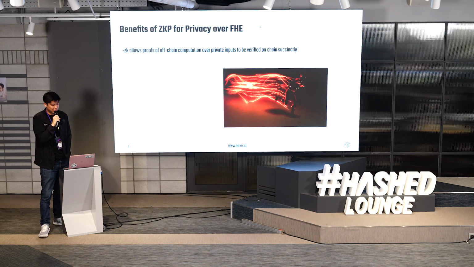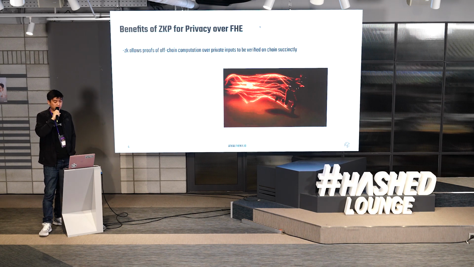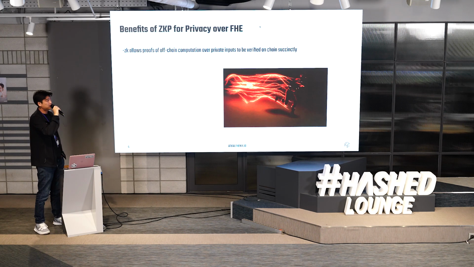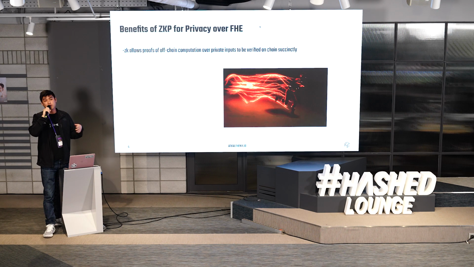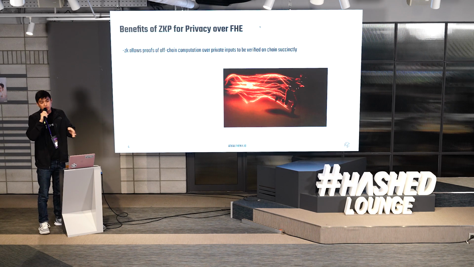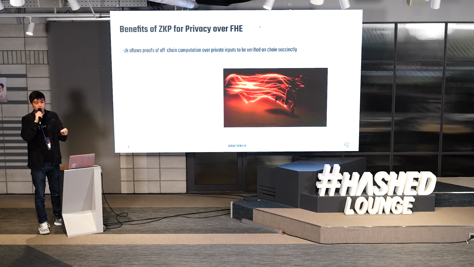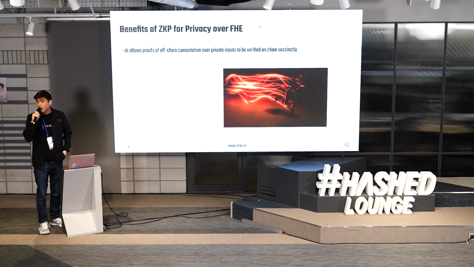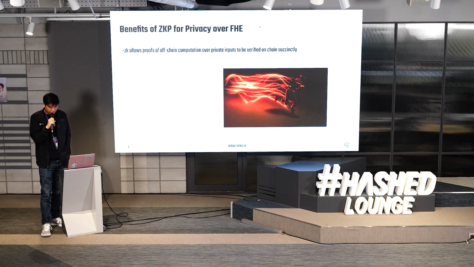But in all fairness, there are benefits to ZKP over FHE that need to be considered. For example, ZK allows proof of on-chain computation to be proven succinctly, which is one of the benefits of ZK for scaling, or verifying that a lot of different things happen in a very short amount of time and in a small space, which does have its benefits.